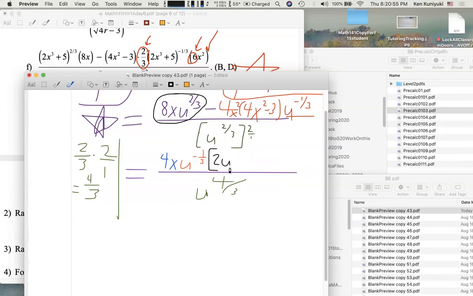This is the hard part. U to the 2/3, we start there. When we factor, we divide. When we divide powers of u, what do we do with the exponents? We subtract them. 2/3, take away the -1/3.